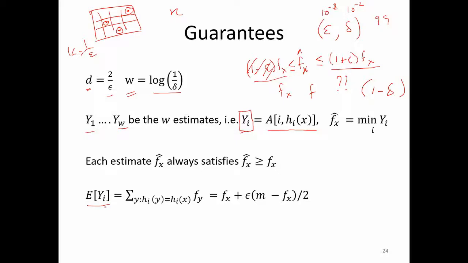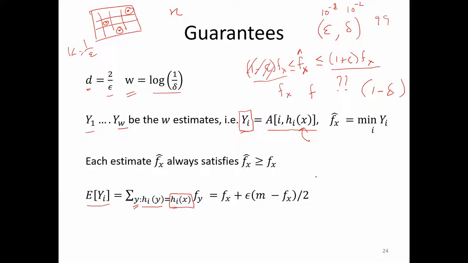Sorry, yi is basically the count of x, so you are looking at the cell hi of x. Now consider all elements y such that hi of y is actually equal to hi of x.